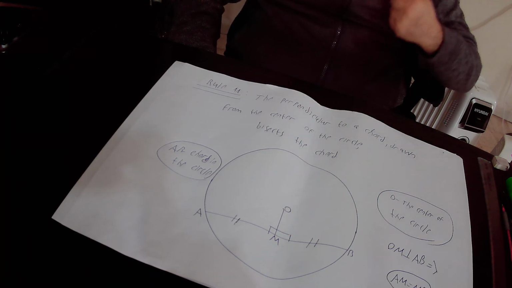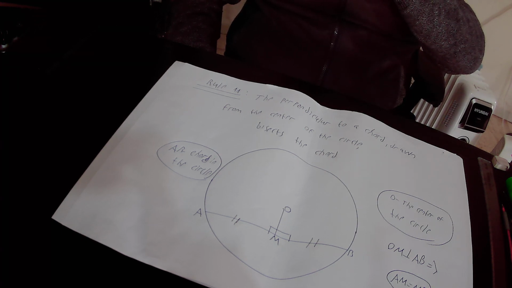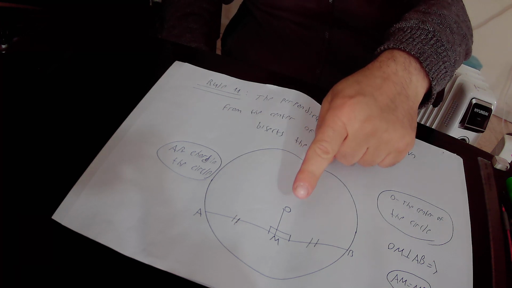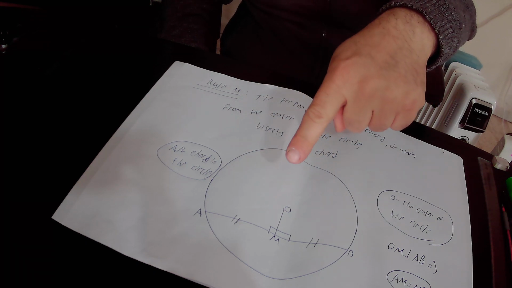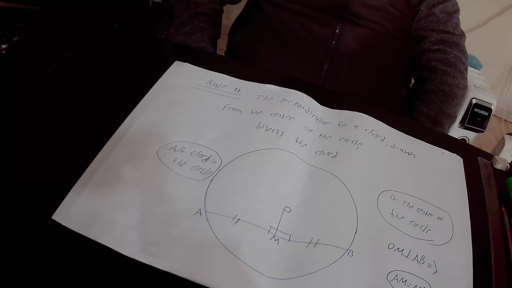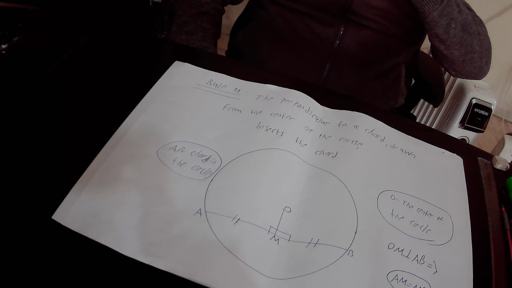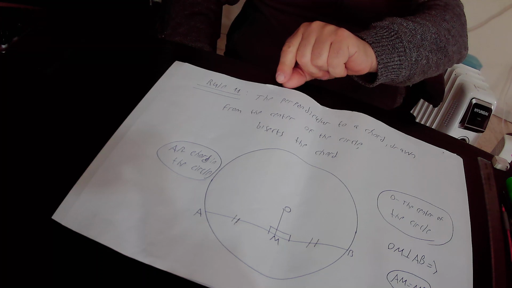So whenever you have a perpendicular from the center of a circle, then that perpendicular OM also bisects chord AB. That is to say, AM equals MB. Whenever you have a perpendicular from the center of the circle, that perpendicular also bisects the chord that it is drawn to. Okay? We can implement rule 11 in our drawing.